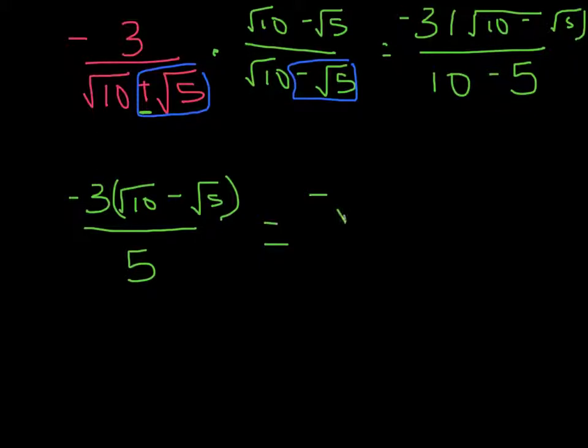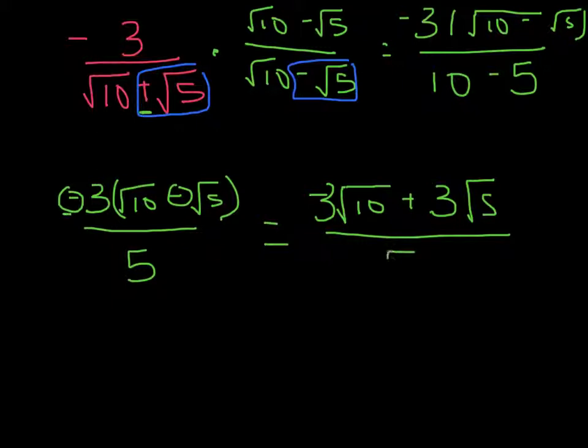So I'm going to do negative 3 times the square root of 10 plus, because I've got a negative 3 and a negative 5, so plus 3 times the square root of 5, all over 5. And there is that solution.